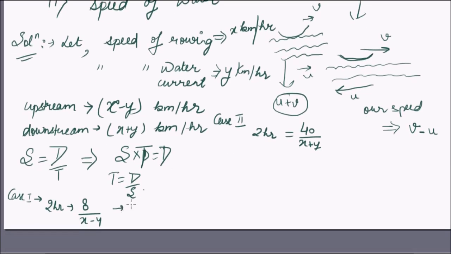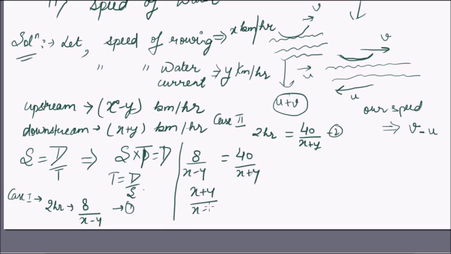So from first and second equations, the left hand side of both the equations are same. Thus we can equate right hand side, that is 8 over x minus y is 40 over x plus y. Or we can write x plus y over x minus y equal 40 over 8.